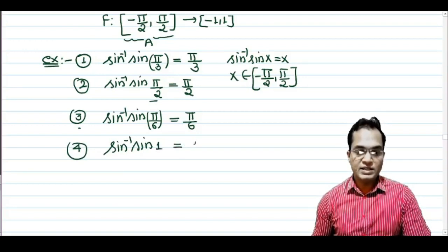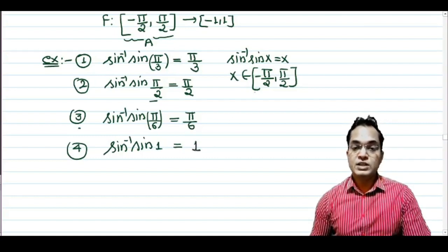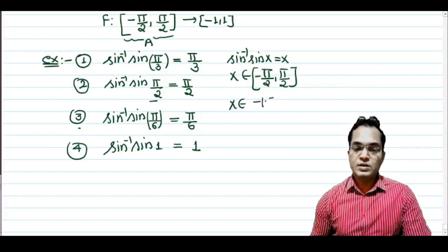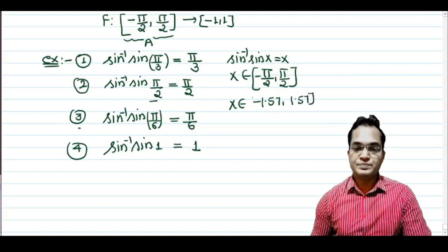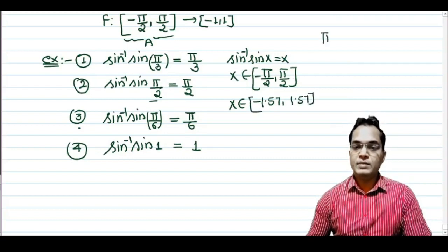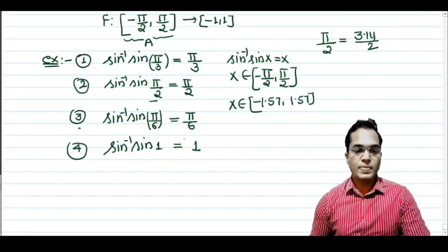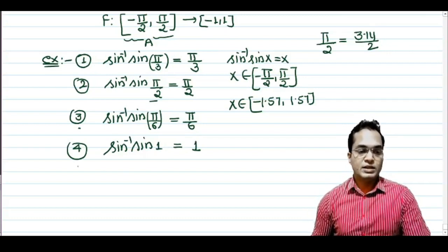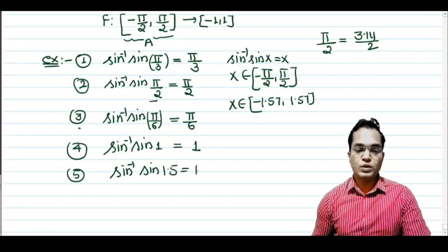Yes, it is 1, because x belongs to minus pi by 2 to pi by 2, meaning minus 1.57 to approximately 1.57, because pi by 2 is approximately 3.14 by 2. Then another question: what is the value of sine inverse sine 1.5? My answer is 1.5.